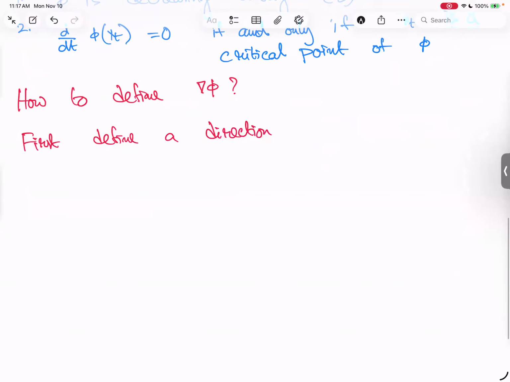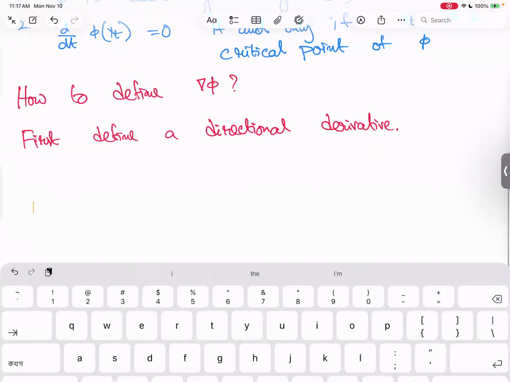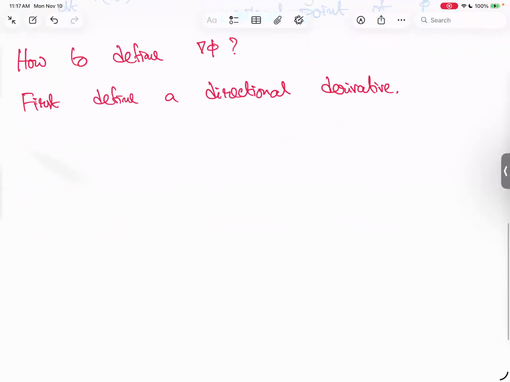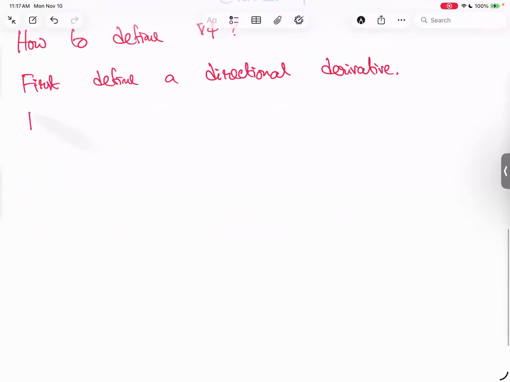Remember, everything holds true for Euclidean spaces as well, so if you want to have stronger intuition, just think about what I'm doing in the Euclidean space. So first define a directional derivative in the following way. Fix a point x and v in the Hilbert space.